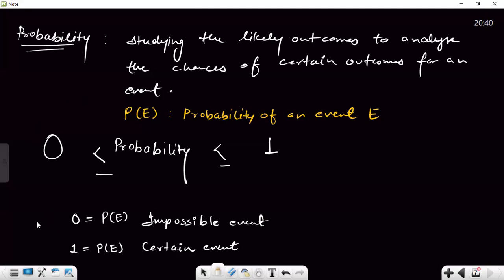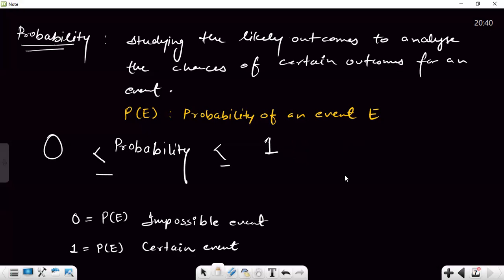So my point was, for any impossible event that is not going to happen for sure, its probability will be 0, and for any event that is for sure going to happen 100%, that will be 1. 0 to 1, that's the scale of probability.